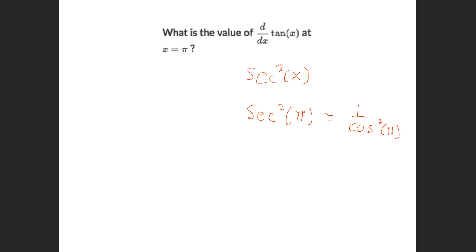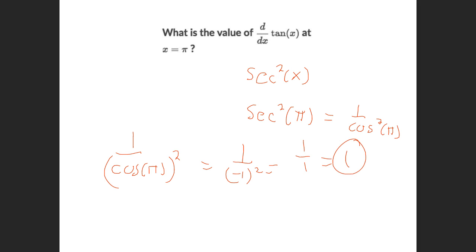And when I see something like this, this is what I see in my head. I see cosine of pi, squared. That means exactly the same thing. So it's -1, right? Okay, so that means I have 1 over -1 squared, which is 1 over 1, which is 1. The derivative of tangent at pi is 1. Very good. Awesome.